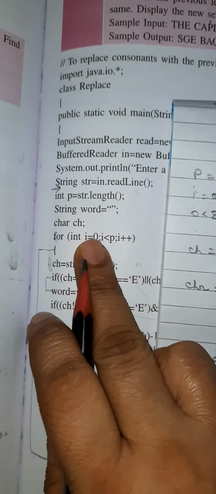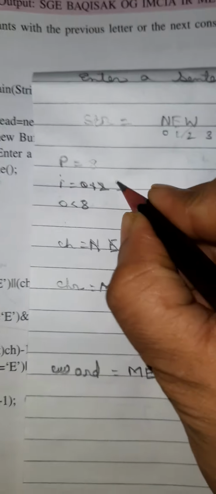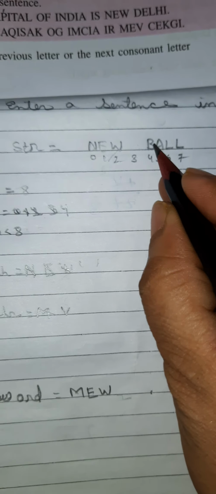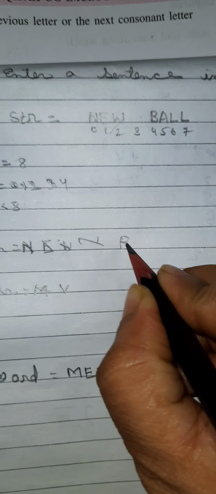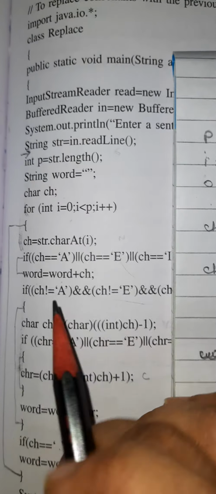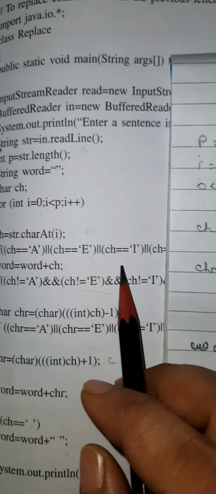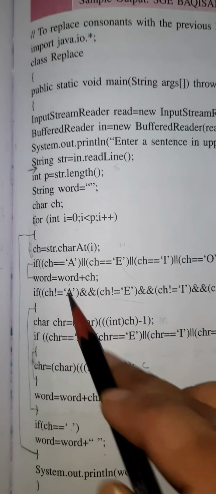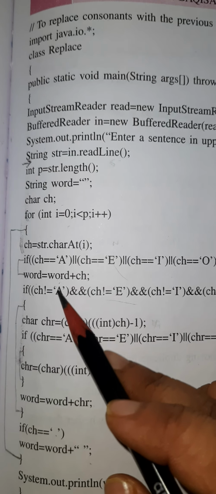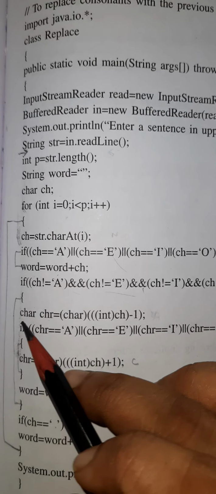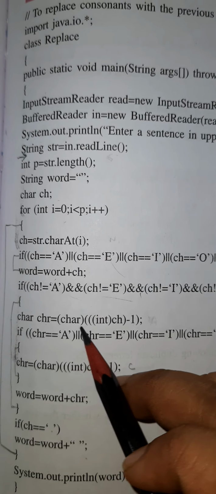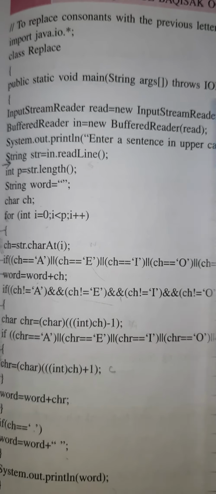So now I is 4. In the 4th place what is there? B. So now it is B. So B is not a vowel, not A, E, I, O, U. So this part is true, it is not a vowel, and here it is going to change. So it is minus 1.